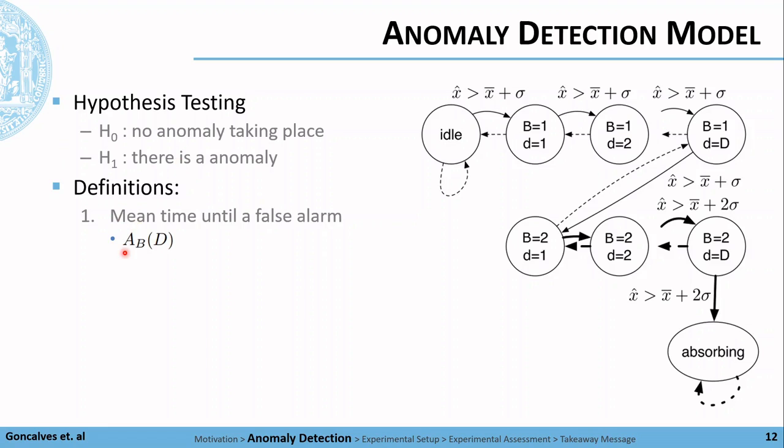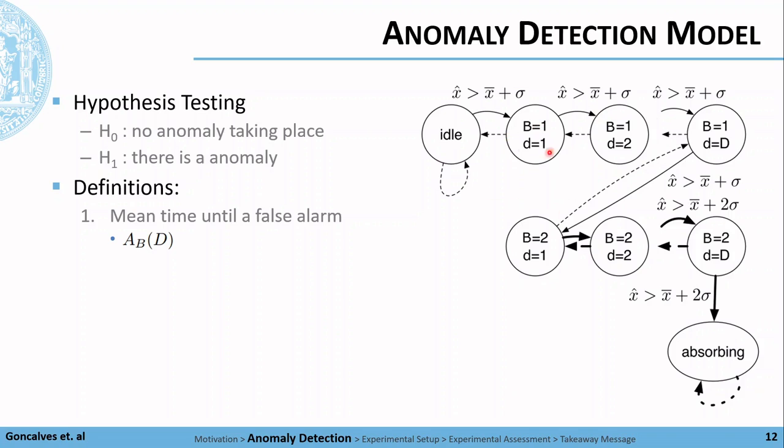The mean time until a false alarm under H0 is denoted by AB of T, and is given by the mean time to reach the absorbing state of this Markov chain that characterizes the algorithm. Each transition of this Markov chain corresponds to the collection of a new sample.